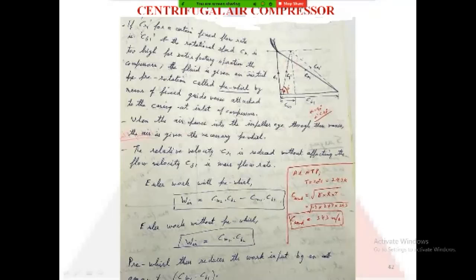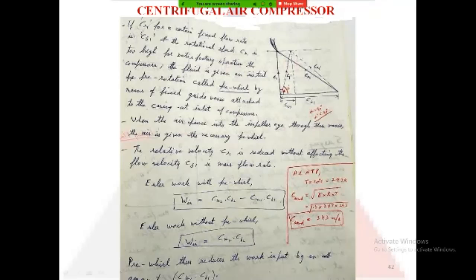Here the relative velocity is given by this line, which is bigger compared to this dotted line of CR1 dash. So the relative velocity with which the air now enters the blade is reduced. So we have achieved a reduction in the velocity of air that enters the impeller blades. So this is your pre-whirl.